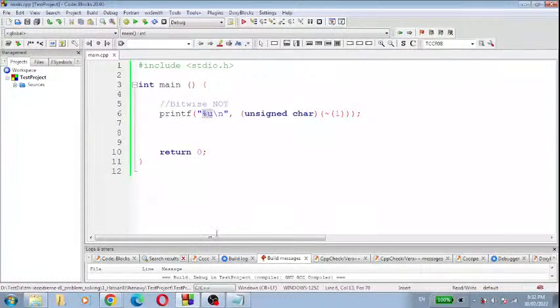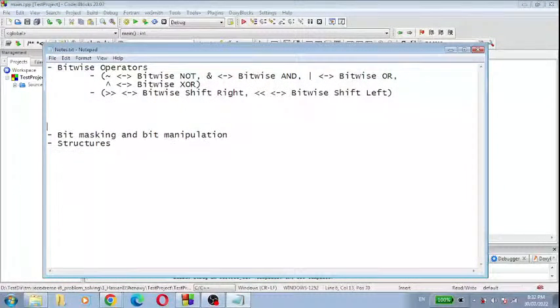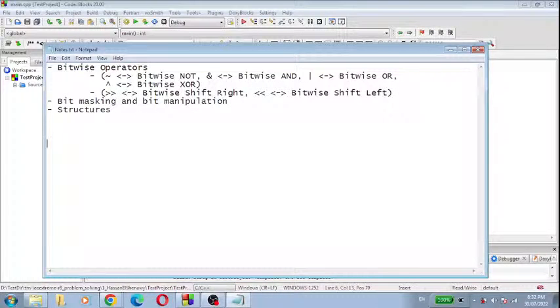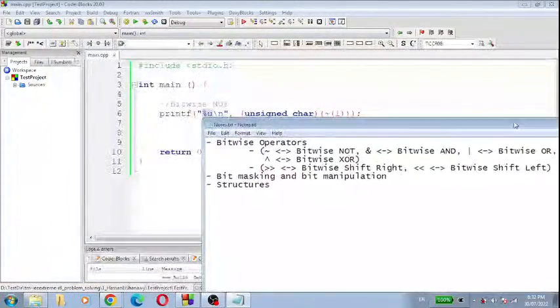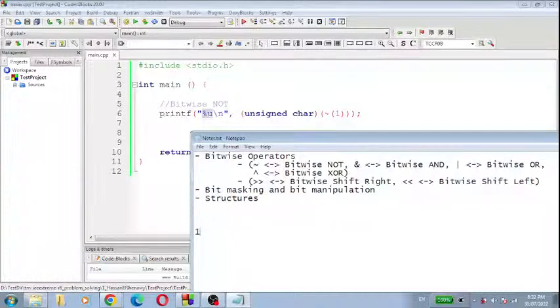Let's make this as it is, and let's talk about these bitwise operators. We have the number 1 in decimal. Of course 1 in decimal is going to be something like this representation in binary.